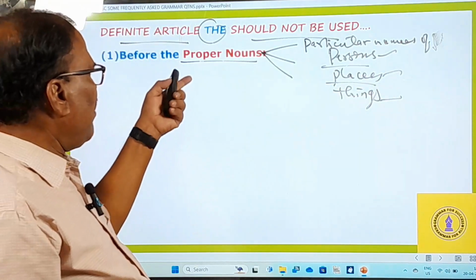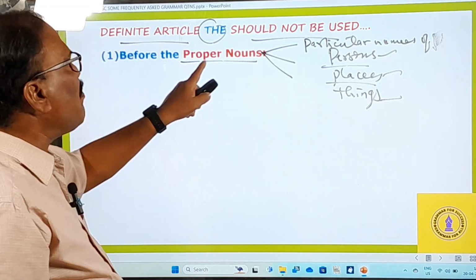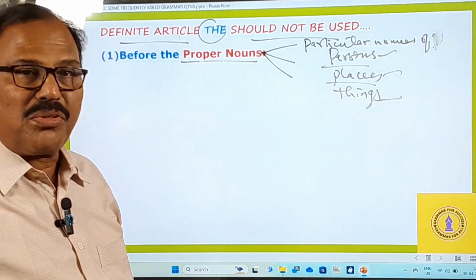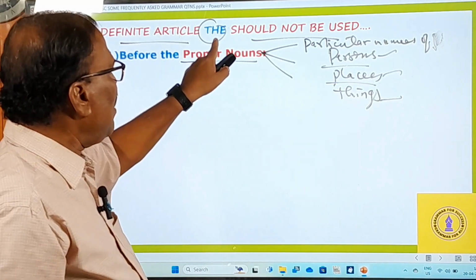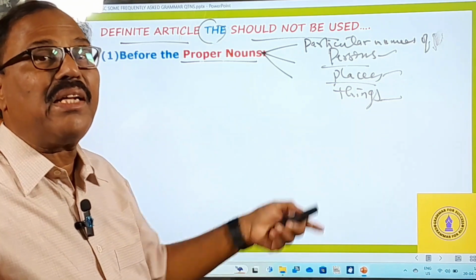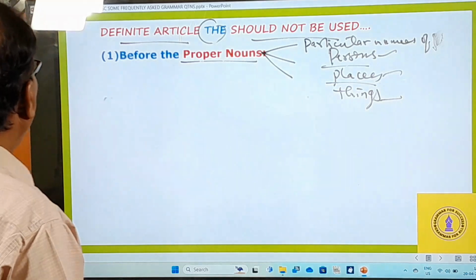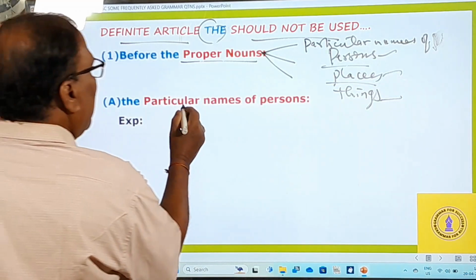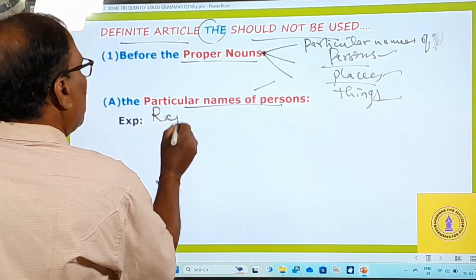I think I made this point very clear in another video. Before these proper nouns, we should not use any article, not simply the definite article but any other article, even the indefinite article. That is the point you have to learn. Now pay attention to the particular names of persons.